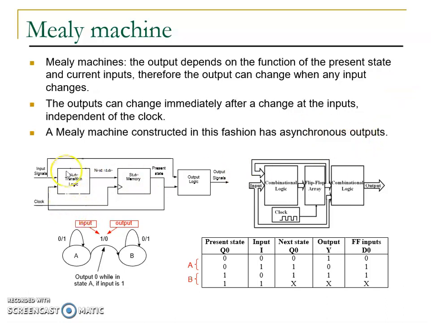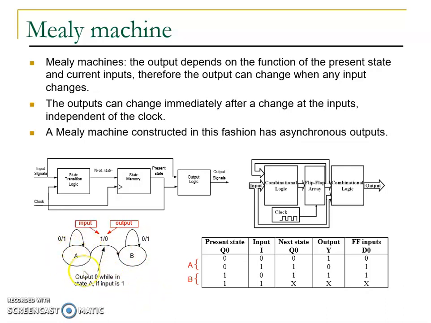You can see that this is the figure for the Mealy model. The difference from the Moore model is that they have input signals. Then they have the state diagram for the Mealy machine.